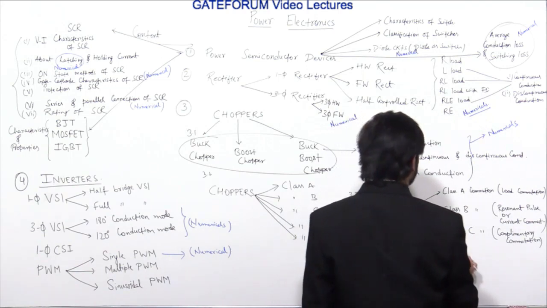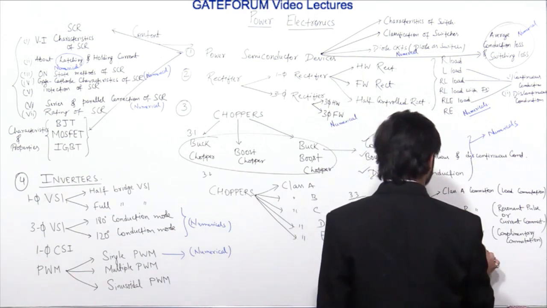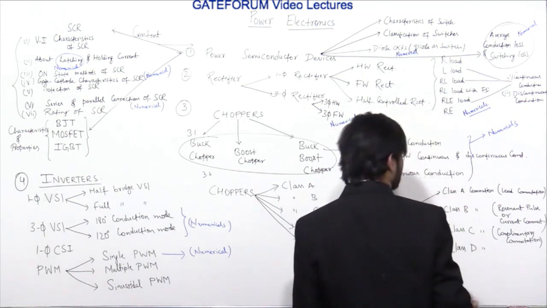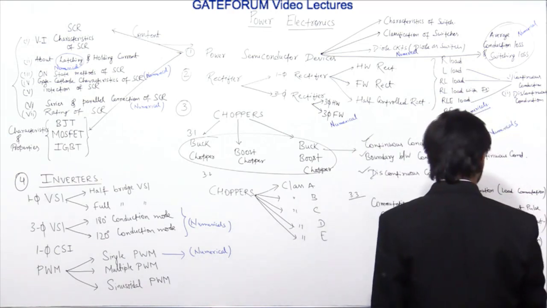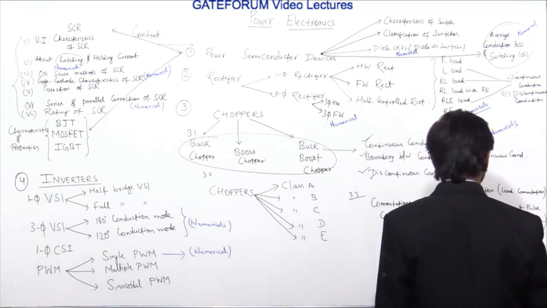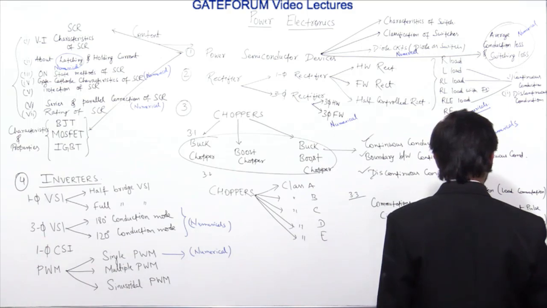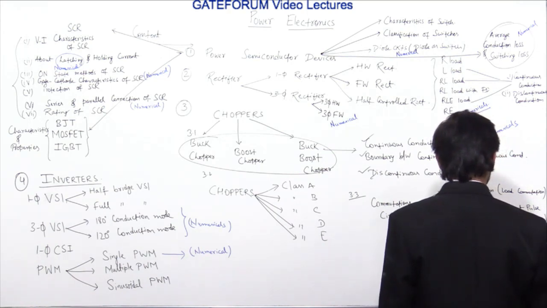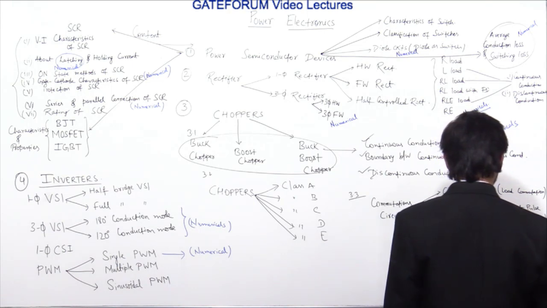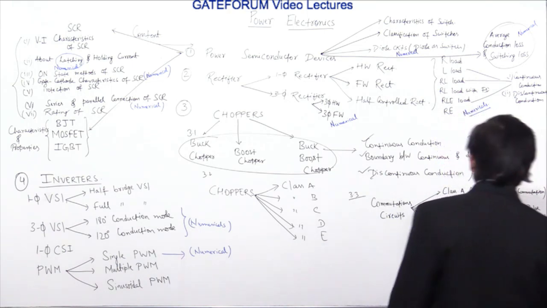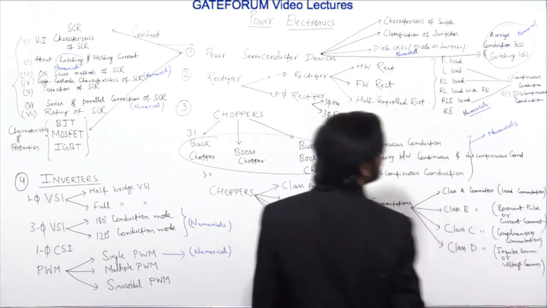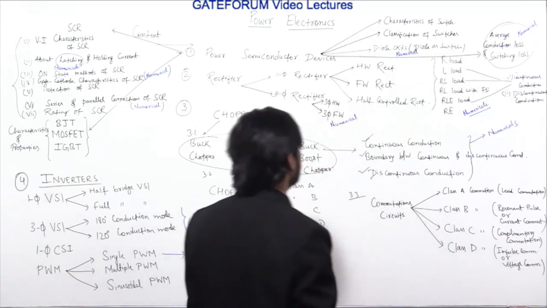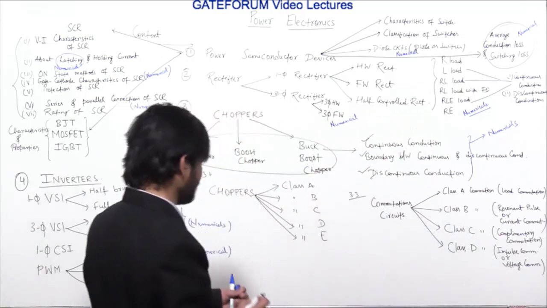Then we'll have class D commutation, which is also called impulse commutation or voltage commutation. We'll see the waveforms as well for all these. So these are the parts that I'll be covering.